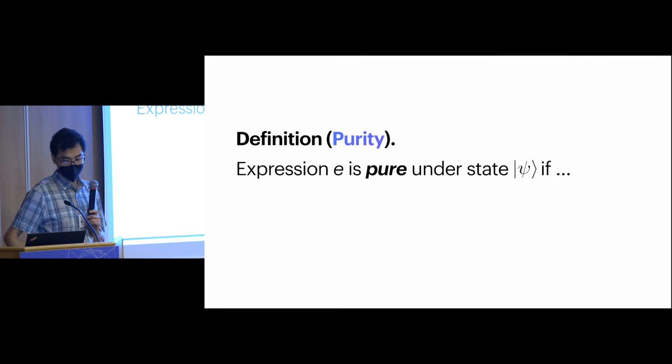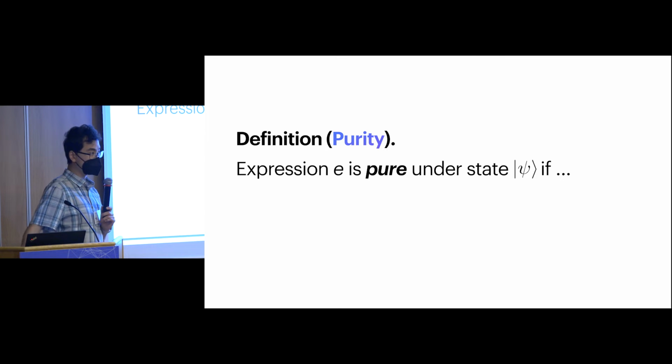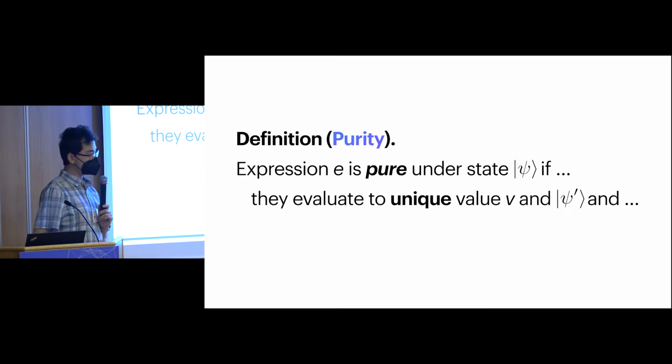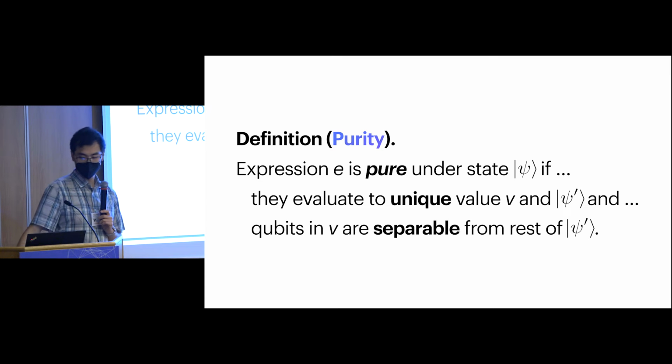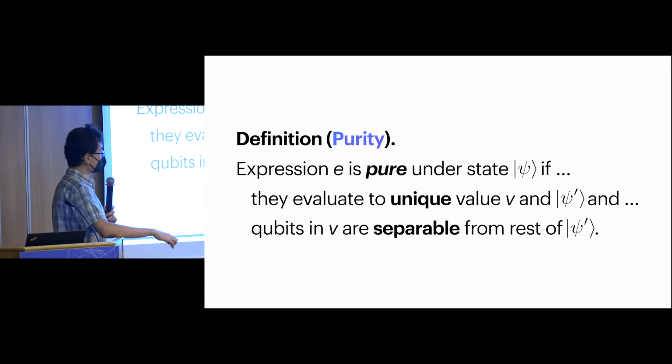I'll spare you the details and just summarize it as saying, you can say that an expression is a pure expression under a given quantum state of the program if the expression evaluates to a unique final value v, and the program state also evolves to a unique final state. And furthermore, the qubits that wind up in this final value are separable from the rest of the final state.